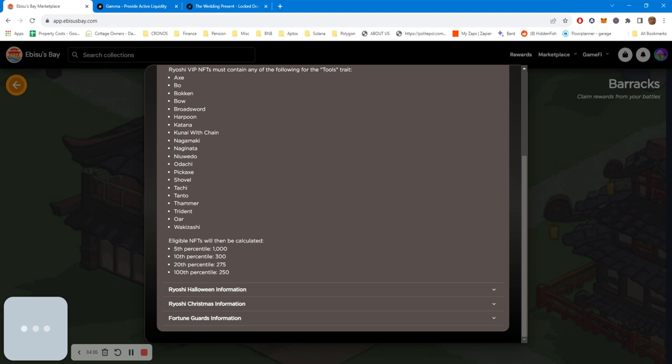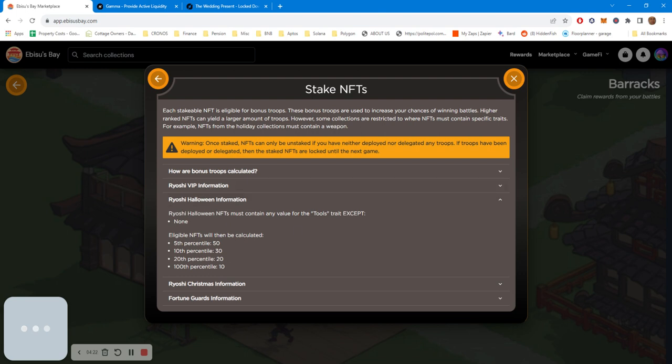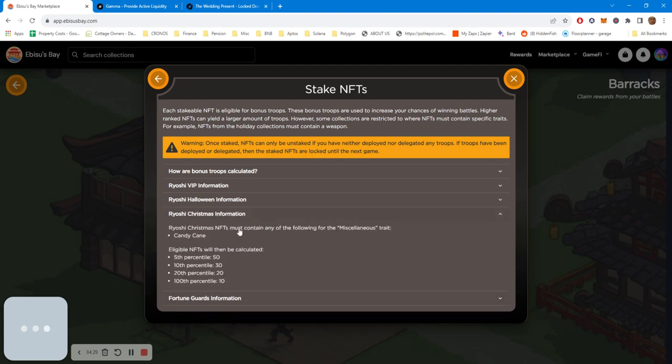But when I come to buy them, or perhaps the next one, I may want to invest a little bit more, maybe get something in the 10th percentile to get more. And if you get one of the really rare ones, 1,000 troops, so that's a significant difference, obviously 4 times the amount. And you'll see that information washes down, again, about the tools, which I've already mentioned in another video, and about the percentiles for all the collections. So it's really useful in informing your purchasing decisions in the marketplace, particularly if you're looking to optimize your troop count. So that's a good one.